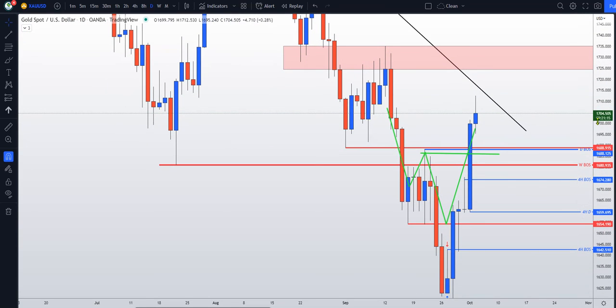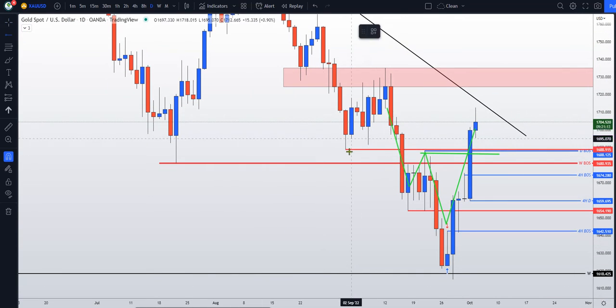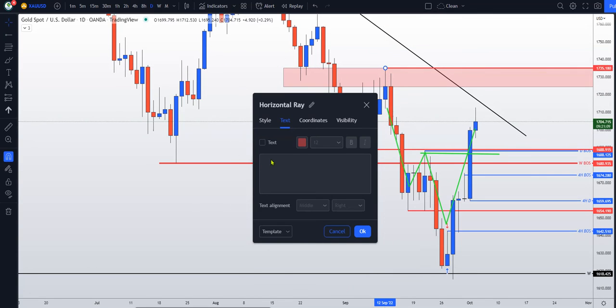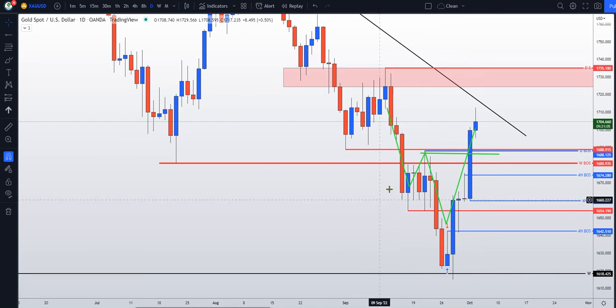The active structure is here, but we do have on the daily time frame this level right here, which is our daily supply level, right? So that is an interesting level here to look for the higher time frame sells, in my opinion, around 1730. If we do see some signs of rejection, we could end up getting a nice sell-off from this area.